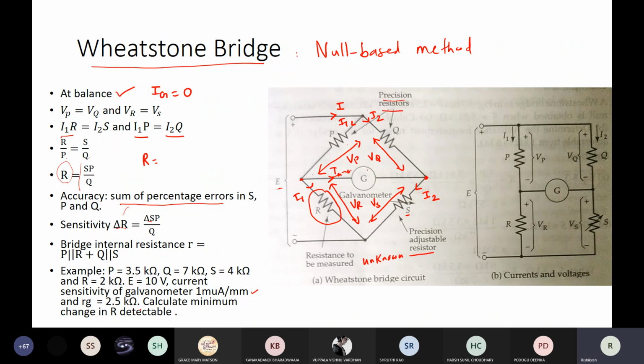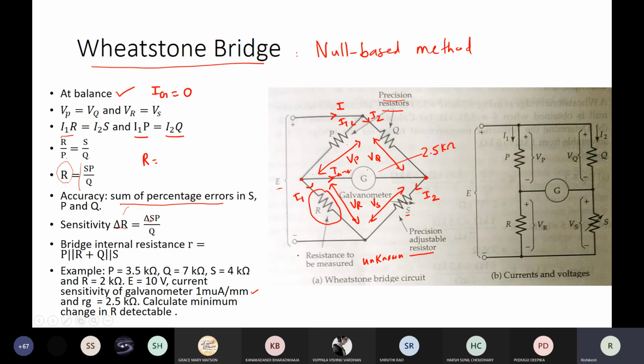If the galvanometer sensitivity is provided to you, and of course the galvanometer will also have some finite resistance associated with it, in this case given as 2.5 kilo ohms, one can find out the minimum change that is detectable in R, the unknown resistance. Why is it important?